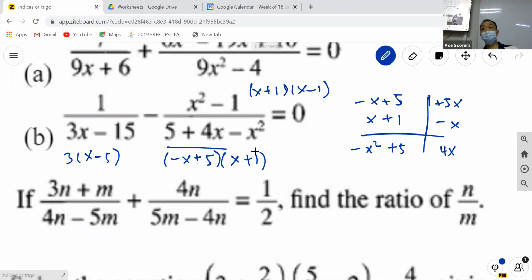Okay, can you combine and see what you get? Negative x squared minus x plus x plus 1. Negative x squared minus x. Then the front part is x plus 1 negative x.